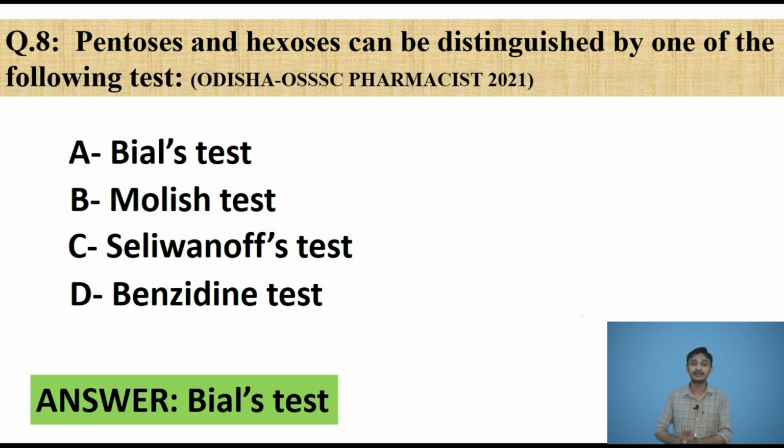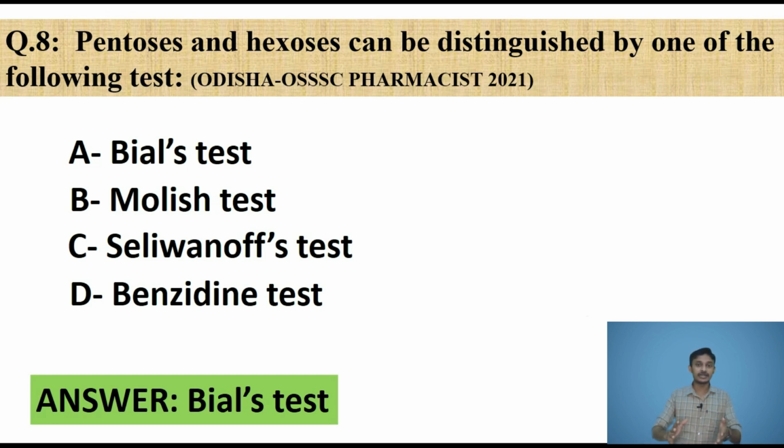Examples of aldoses, which have an aldehyde group, are glucose and ribose. Examples of ketoses are fructose and ribulose. Many other examples are also there, but these are some important ones.